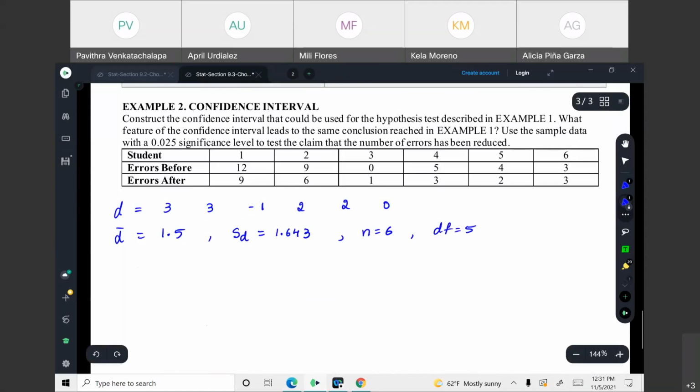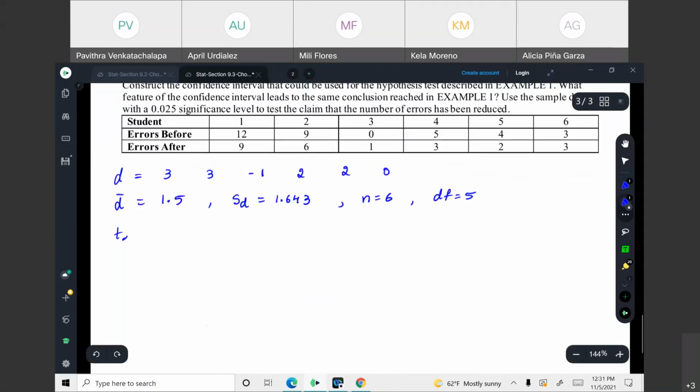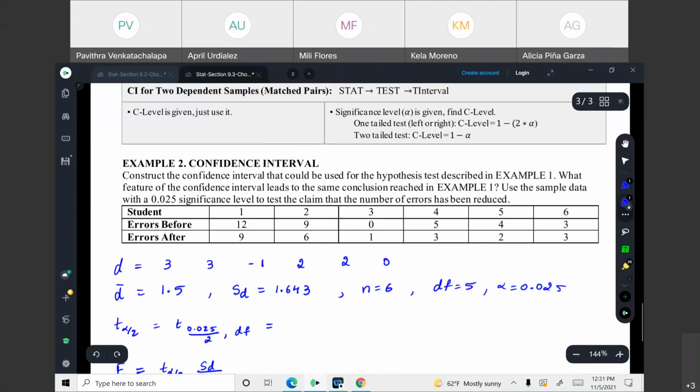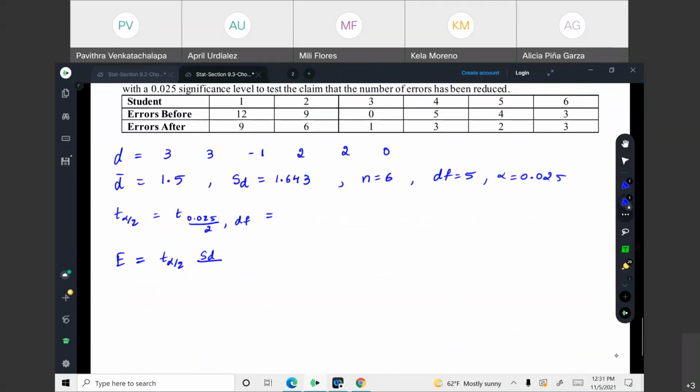Now your work is to calculate t alpha by 2. Alpha is given, it is 0.025. So you put 0.025 divided by 2 with df, and you find t alpha by 2. That's one thing you need to find, and then you substitute this in E, which is t alpha by 2 times s d divided by square root of n.